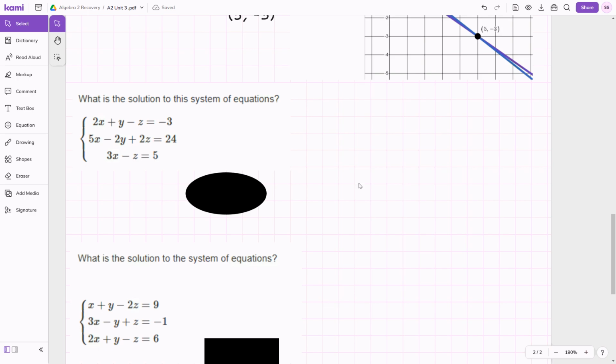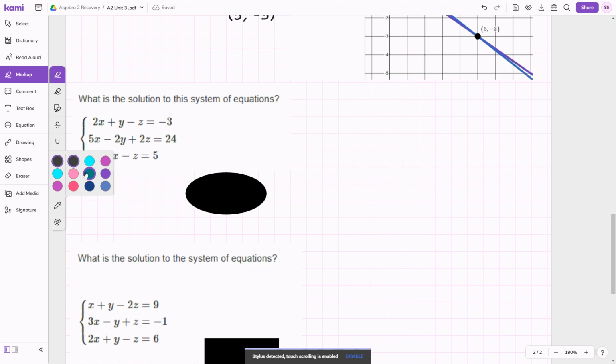We have 3 different variables, and in order to solve them, the easiest thing is to try to get it down to 2 variables. So how do we do that? What I'm going to do is solve for y. So I'm going to take this first equation, and I'll just highlight it. I'm going to solve for y.